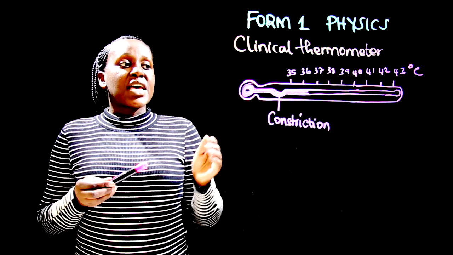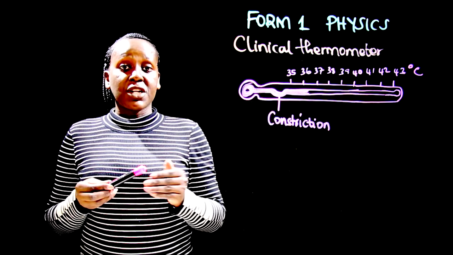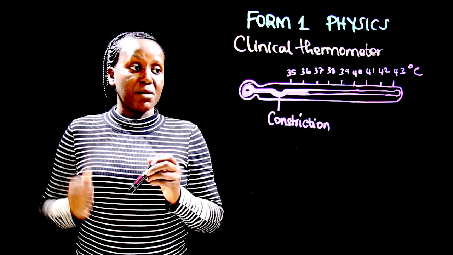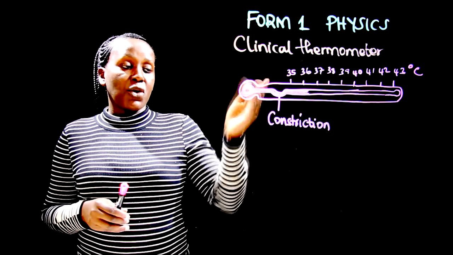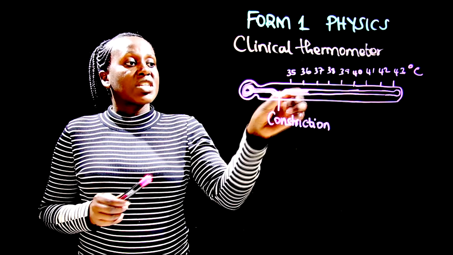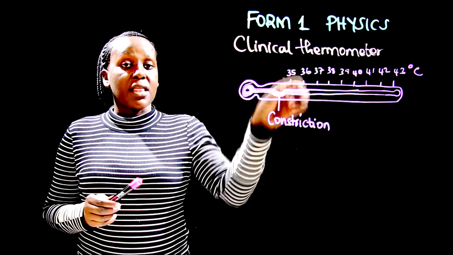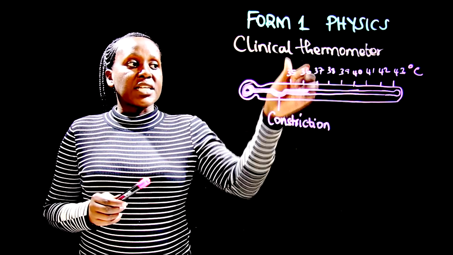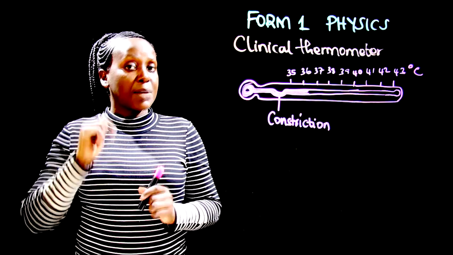So what happens is that the mercury above the constriction does not flow back to the bulb, only the mercury below the constriction. So this mercury here is held in that position, and the doctor is able to determine your temperature.